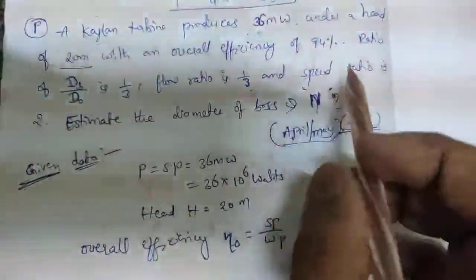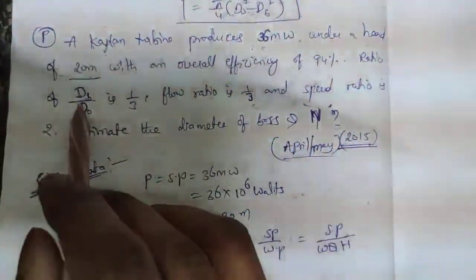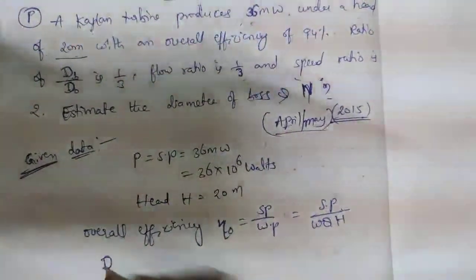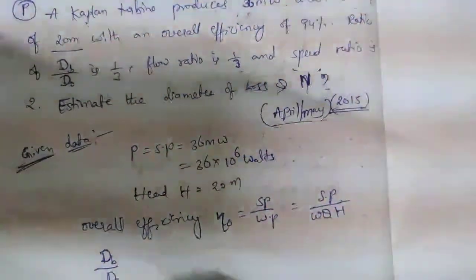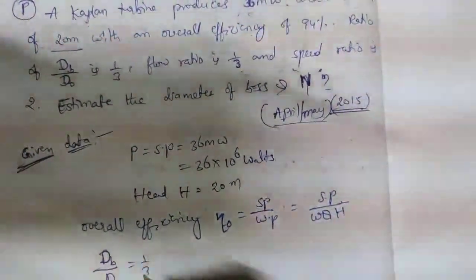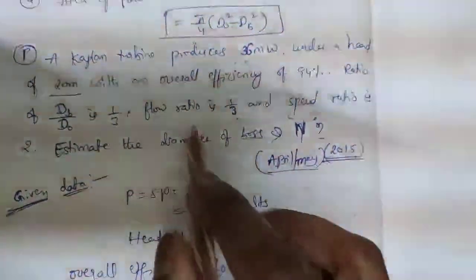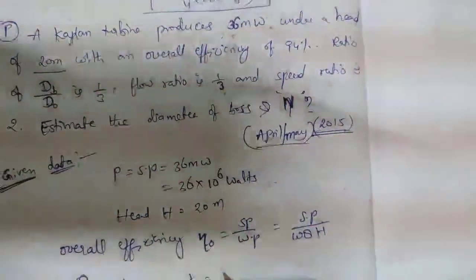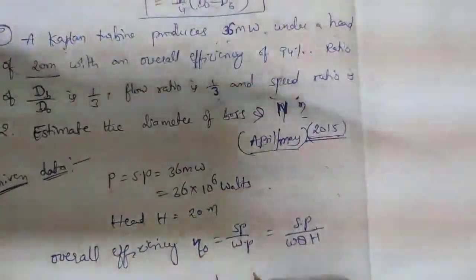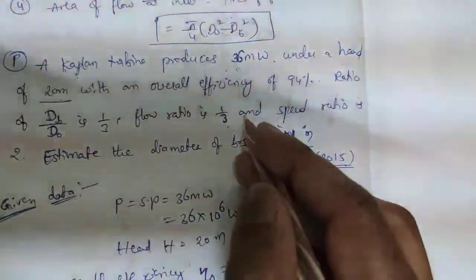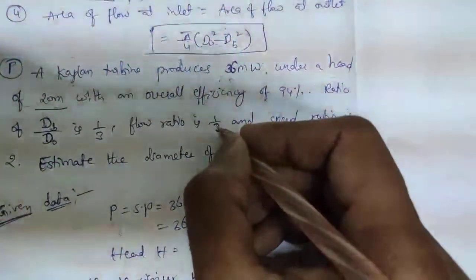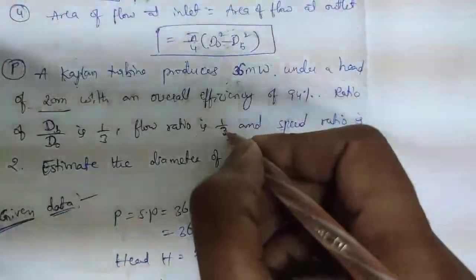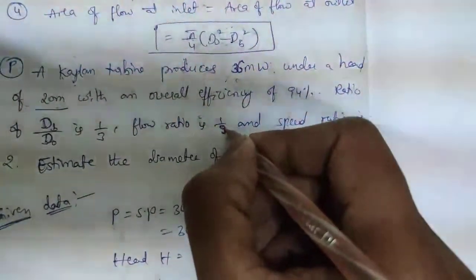Next given data is the ratio of dB by d naught is 1 by 3, that is, hub diameter to runner diameter is 1 by 3. And the next given data is flow ratio Kf equal to 1 by 3. Sorry, in the Rajput textbook there is a printing mistake.